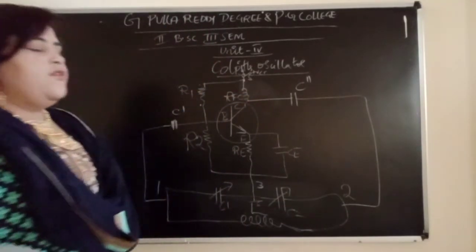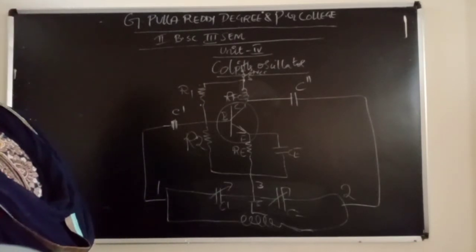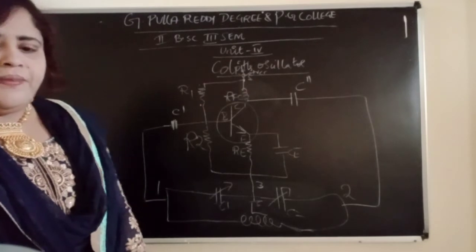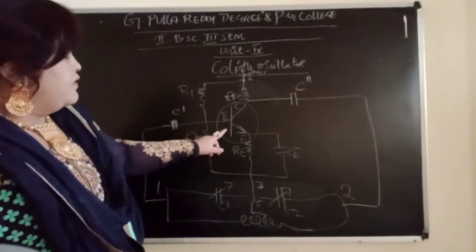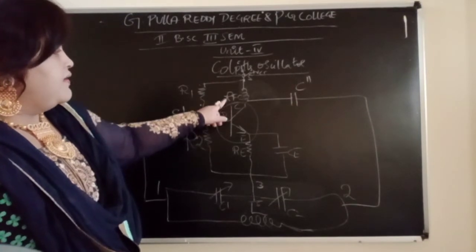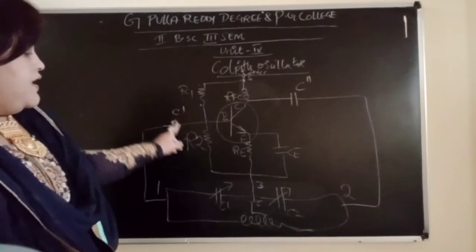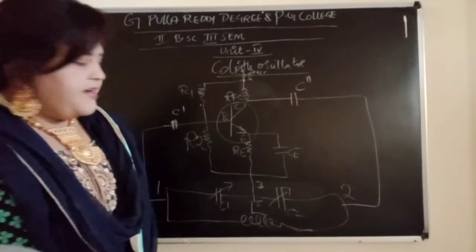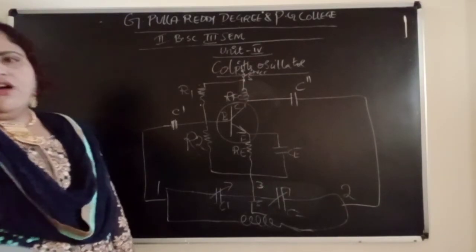Then write that the figure below shows the circuit diagram of the Colpitts oscillator, and draw the diagram: R1, R2, common emitter transistor, RFC, RE, CE, C double dash, C dash, C1, C2 and inductor L.